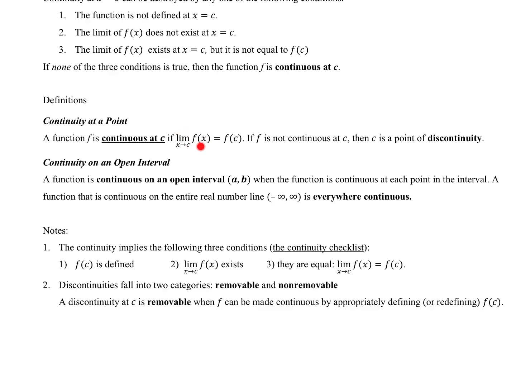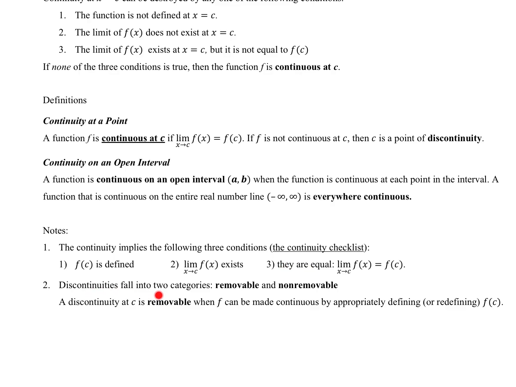And third, these two must be equal. So basically from this definition, we have the following continuity checklist. One, it is defined. Second, the limit exists. Third, they must be equal. So when you prove that a function is continuous at a certain point C, you just have to check these three conditions.